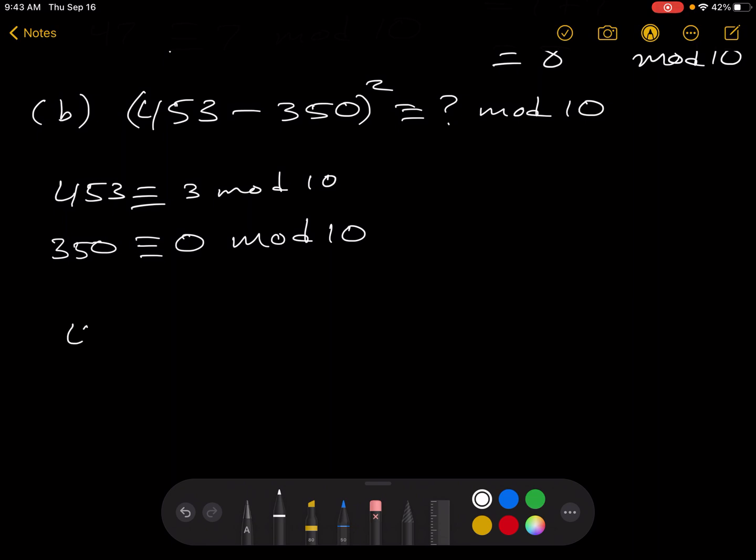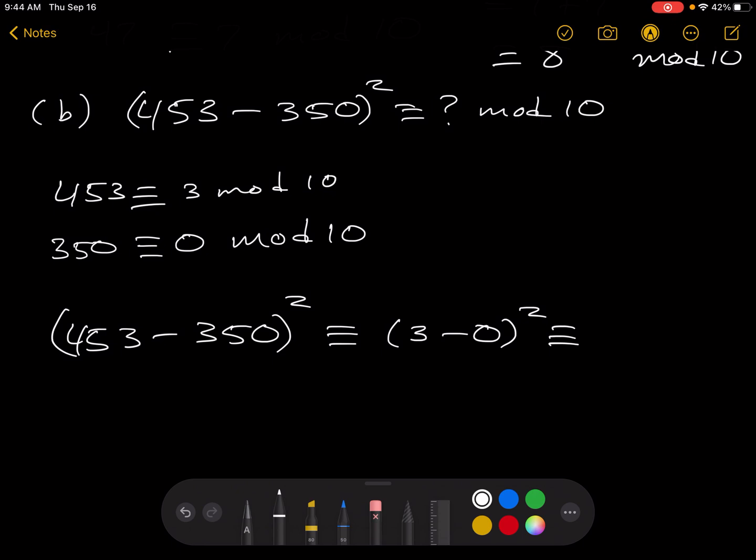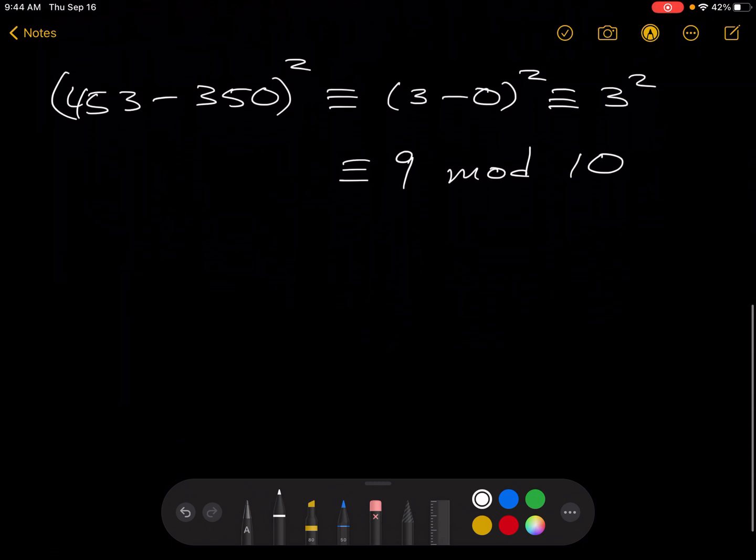So then 453 minus 350 squared is congruent to 3 minus 0 squared, which is congruent to 3 squared, which is congruent to 9, which is one of those numbers mod 10. And so then you know that the answer is 9. Okay, these are quick calculations.